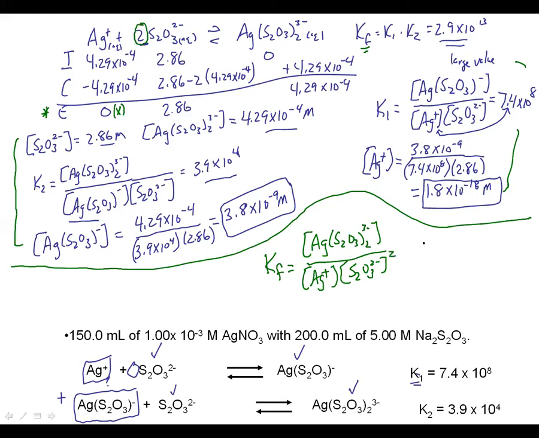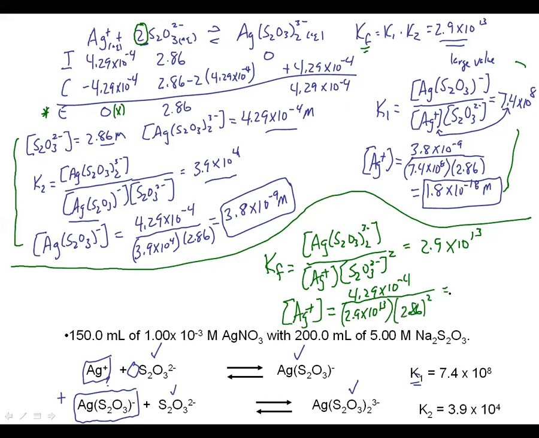And this would equal our K value that we calculated, 2.9 times 10 to the 13. We could solve for silver first in this case, using our table numbers: 4.29 times 10 to the minus 4 divided by our 2.9 times 10 to the 13 and our 2.86. Again, here we would square it.